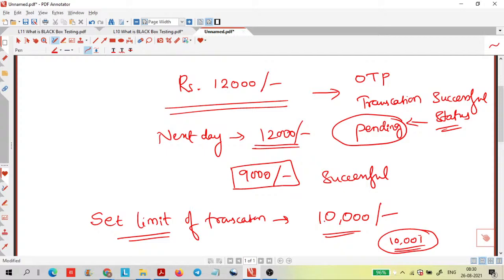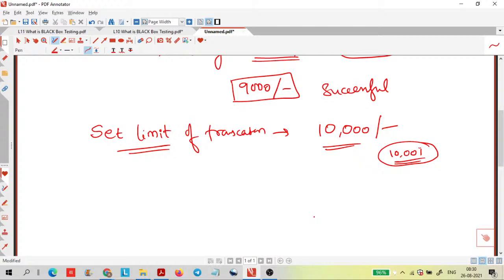So it is very important. Suppose I set the transaction limit on my card to 10,000. It is a good thing that even if I lost my card, or if someone knows my password and even my OTP, everything, they still cannot go beyond the limit.